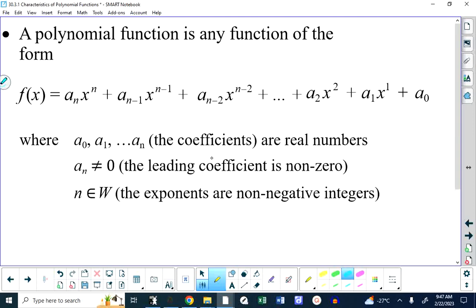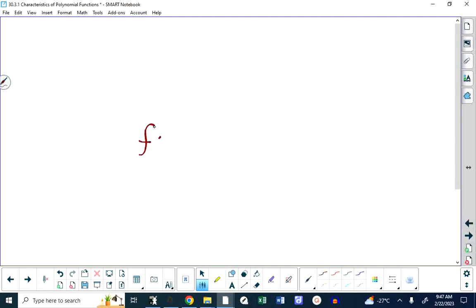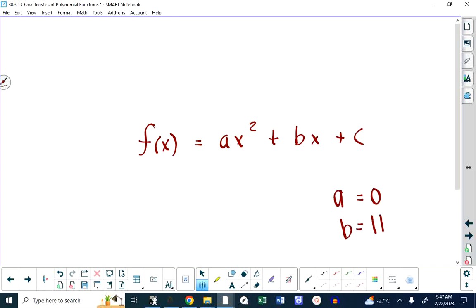It's like me telling you that I have a quadratic function of ax squared plus bx plus c, and a is equal to 0, b is equal to 11, and c is equal to -3.